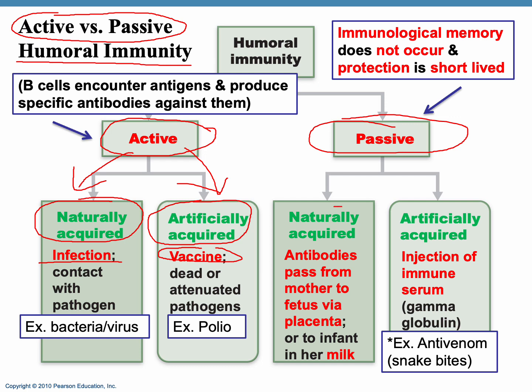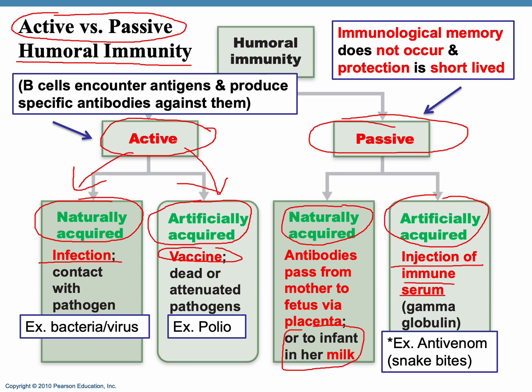Naturally acquired example would be the mother breastfeeding the child, where you have some antibodies passed from the mom ultimately during breastfeeding, or passed from mother to fetus in the placenta. Artificially acquired would be an example more of an injection of an immune serum.